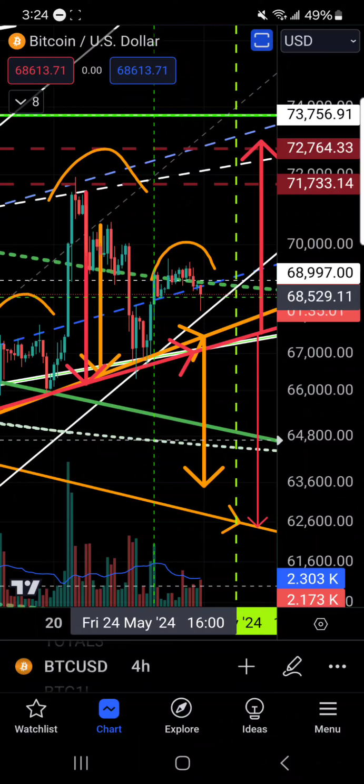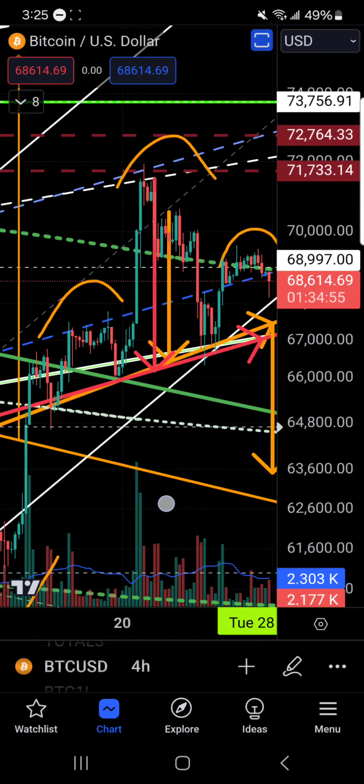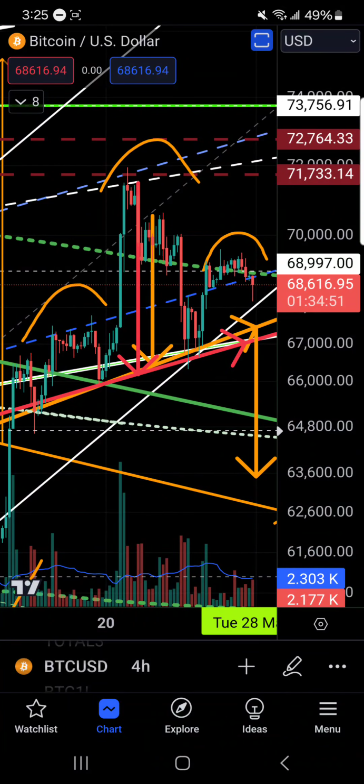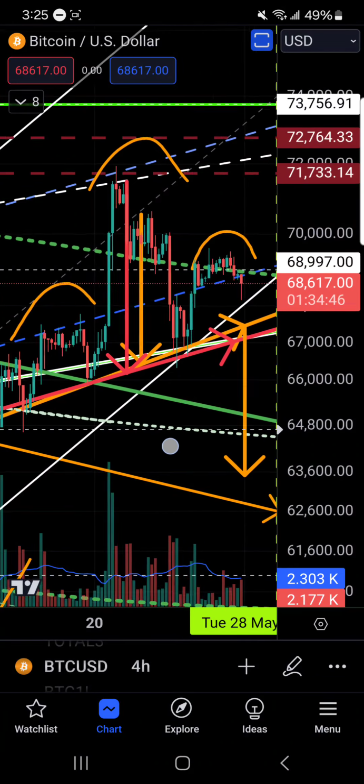And actually, that white line is the bottom of the channel.